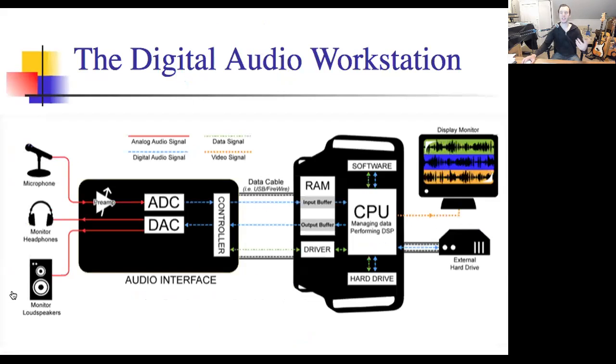Going into our DAW workstation, this is a general signal flow of how an audio recording system and DAW work. A DAW is more than just a computer and a piece of software, and it's important to understand the constituent pieces that make an entire usable DAW.